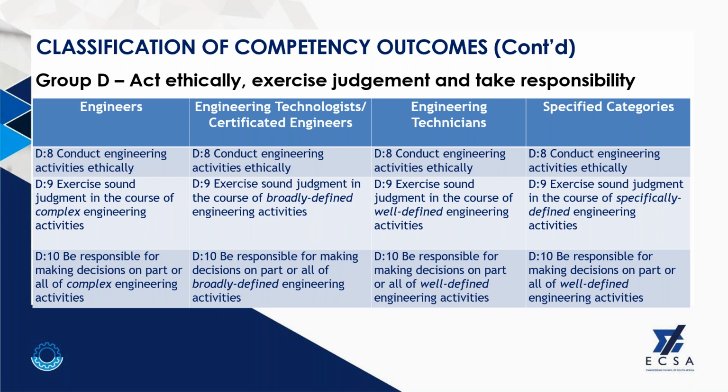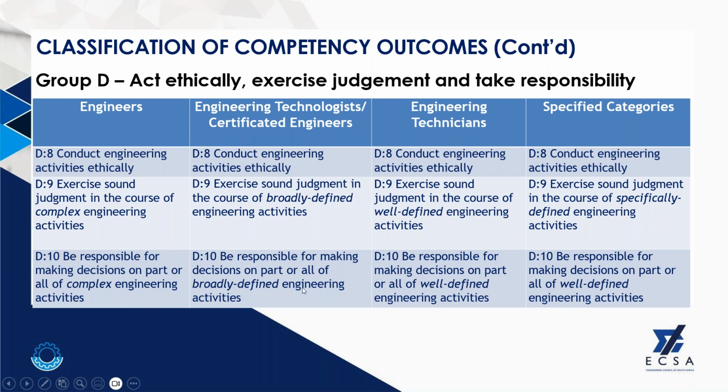And how do you do that? We have standard specifications in our discipline. We have codes. We can use our academic knowledge in order to justify the decision that we took for that particular engineering activity. So for the engineers, obviously, it's a complex engineering decision that they have to take.